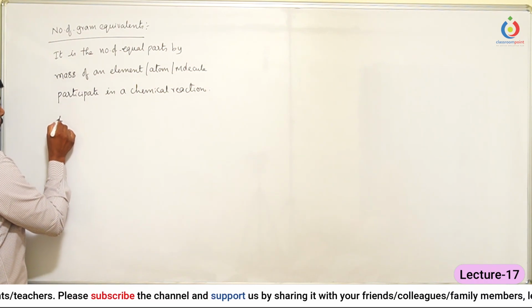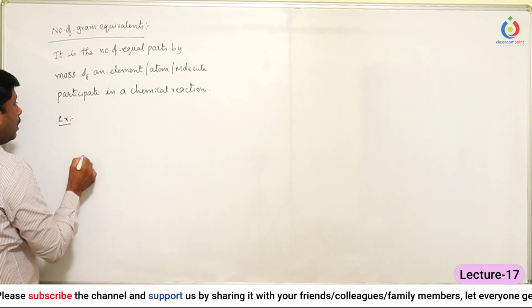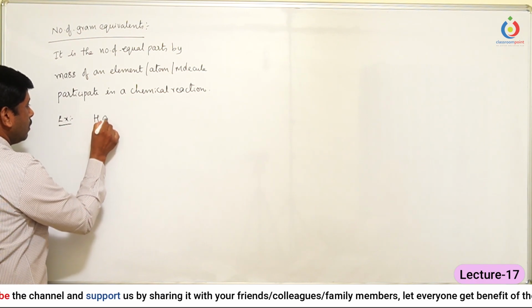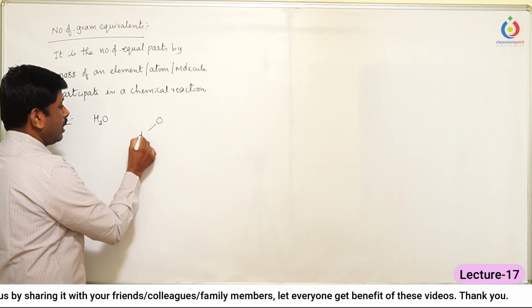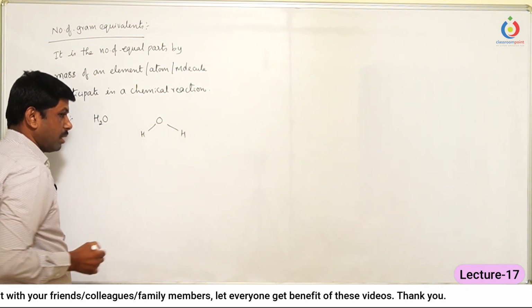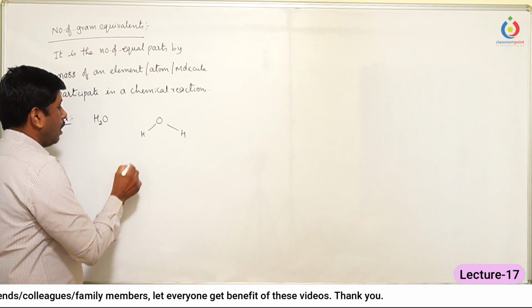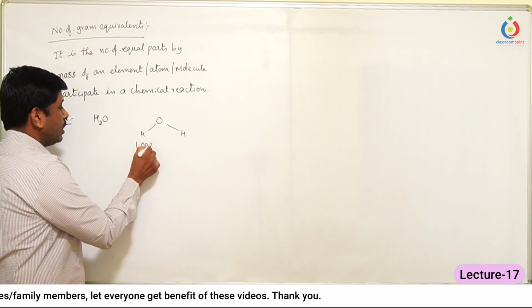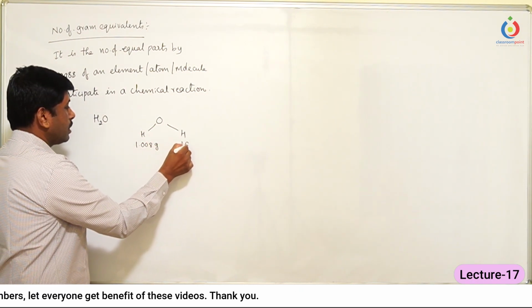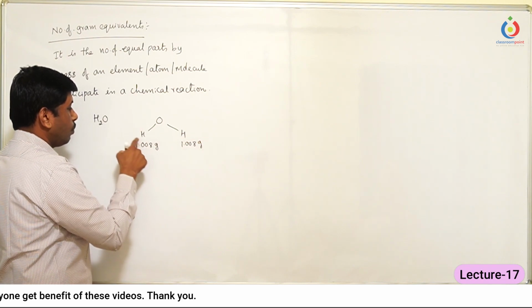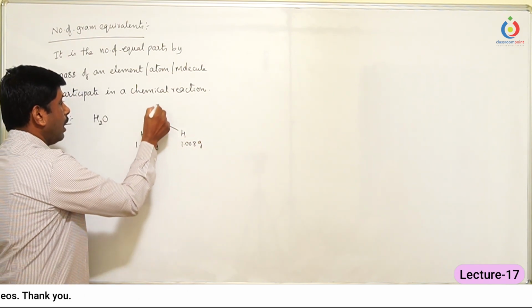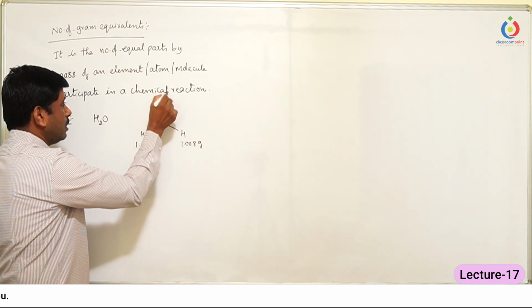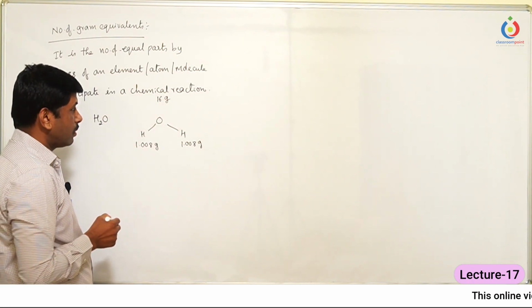The example here is the H2O molecule. In the H2O molecule, oxygen is bonded to two hydrogen atoms. The atomic mass of hydrogen is 1.008 grams. That means 1 equal part mass. Whereas the atomic mass of oxygen is equal to 16 grams.